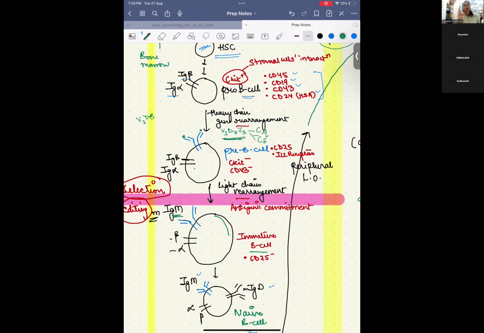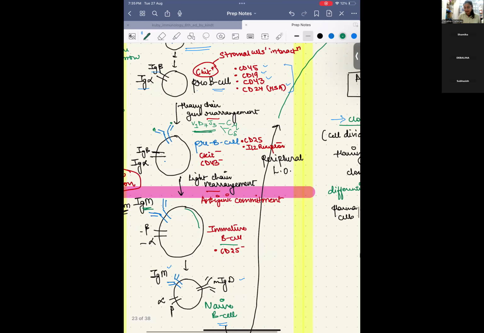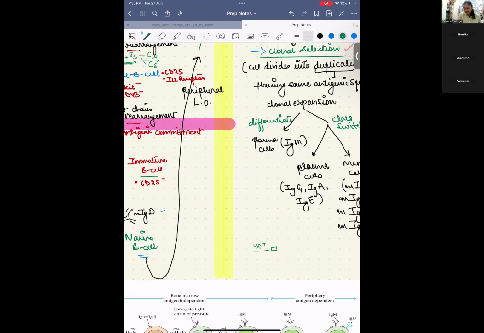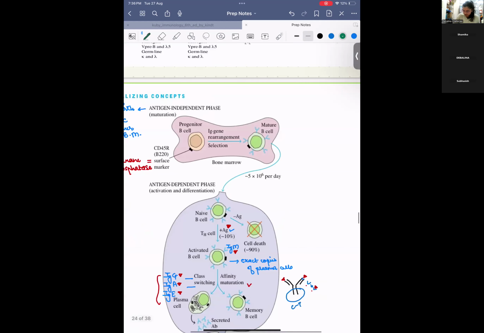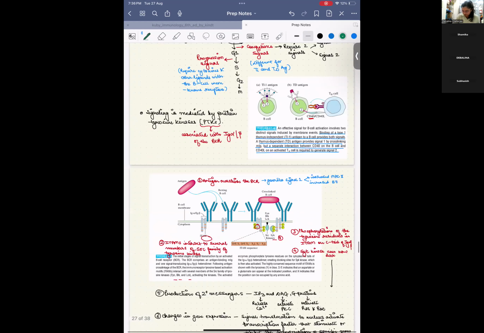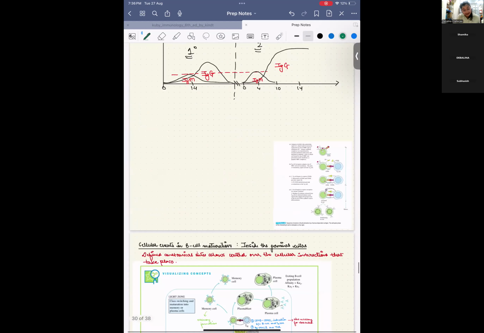Initially, that is what I am saying: with this VDJ segment, we have the C mu as well as the C delta. These are very close, only 4.5 kilobase pairs apart. In a way, yes, they are traveling together.